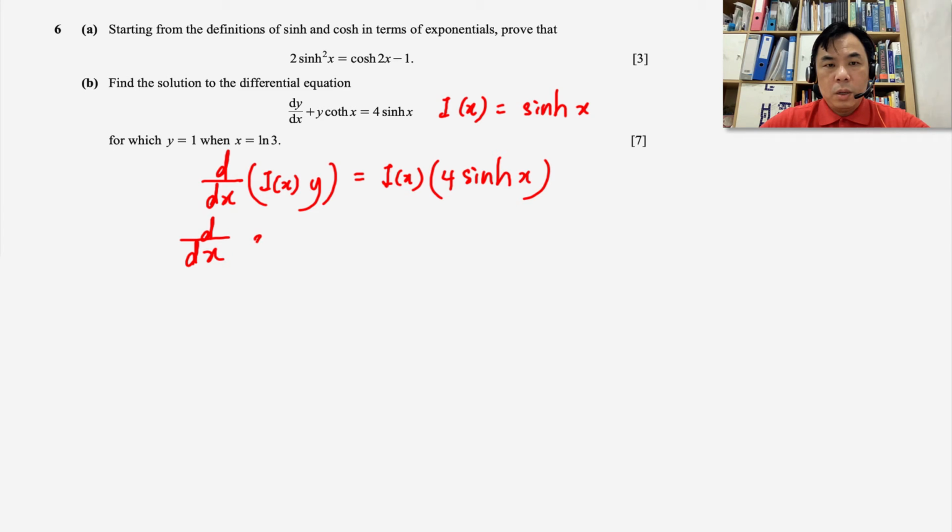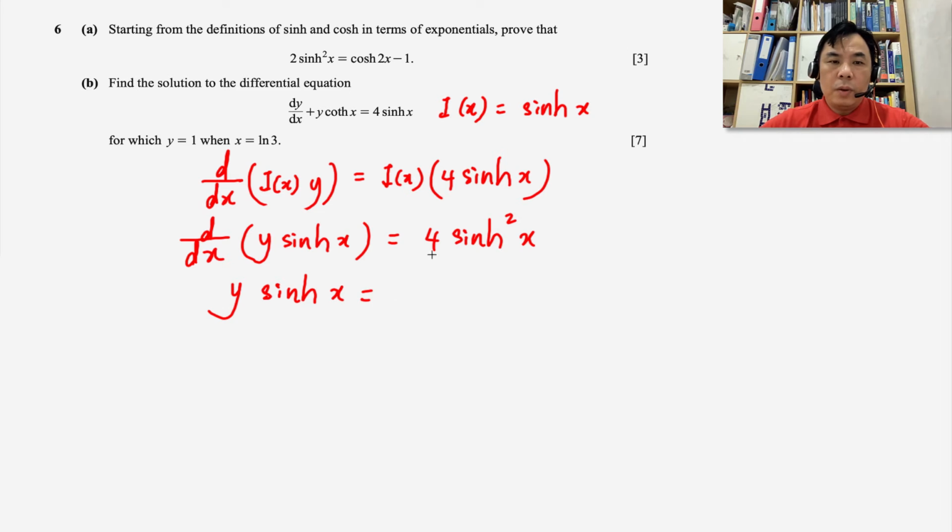This is sinh x times y, and then I think it's better to write this way, or else it'll look a bit weird. And then this will give us 4 sinh squared. All right, and then with a bit of integration, we found that this is the integration of the hyperbolic sine.